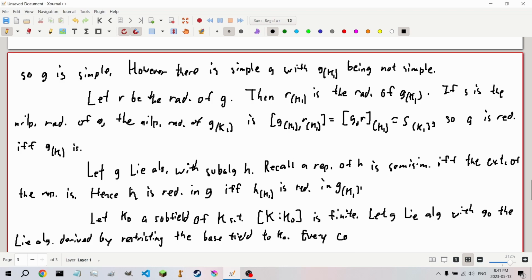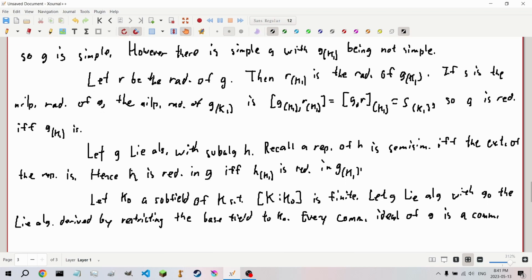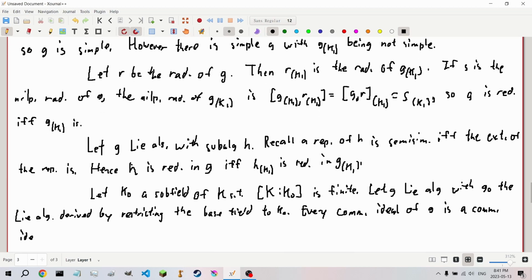Every commutative ideal of G is a commutative ideal of G naught.